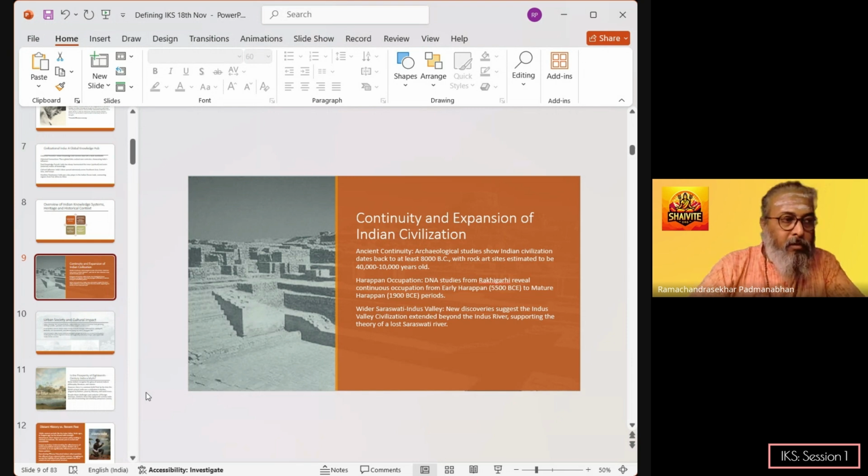After that, when Dr. B.B. Lal started the excavations, they made substantial discoveries and found most of the cities located either in between the Sindhu or the Indus and the Saraswati, whose path has been traced convincingly, or more on the other side of the Saraswati. So, adding the name Saraswati Sindhu Valley Civilization makes more sense.